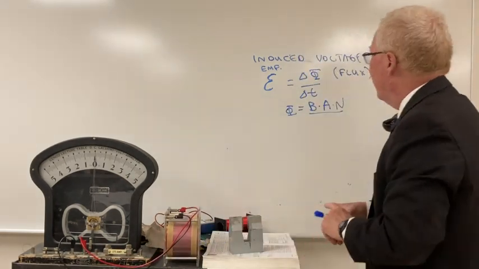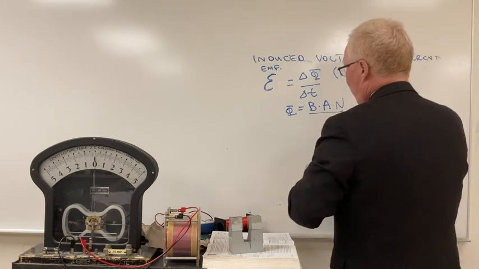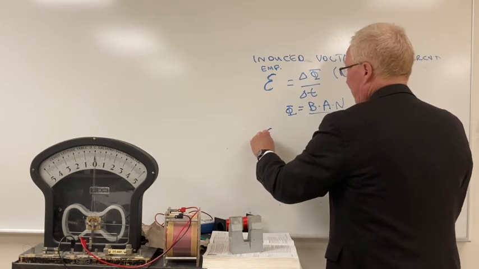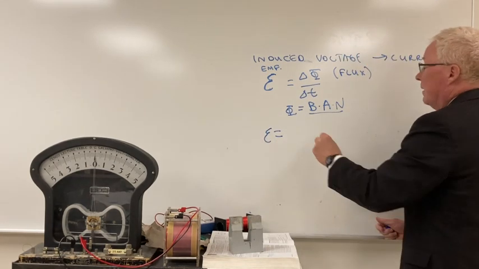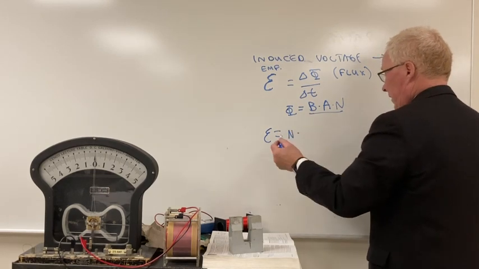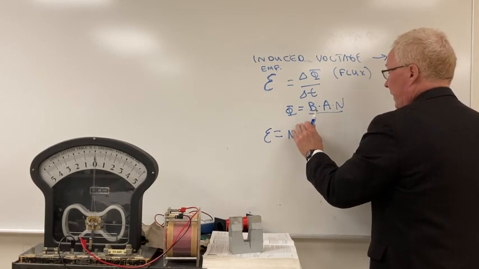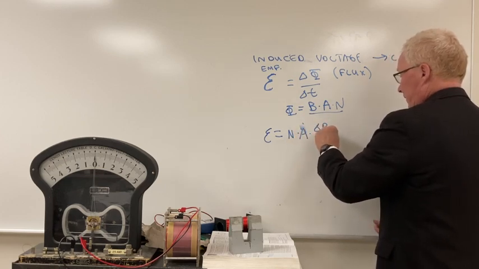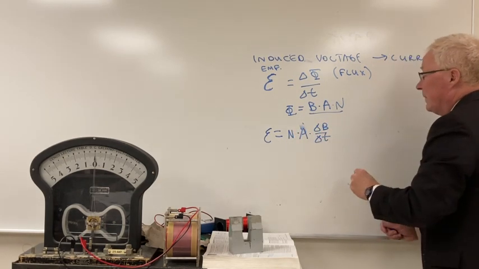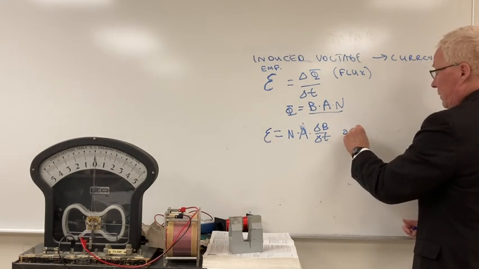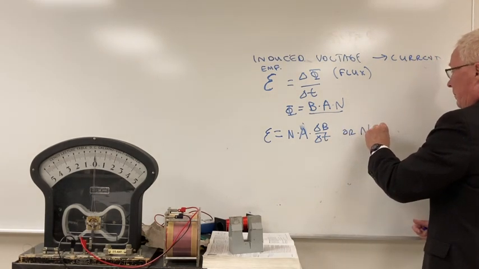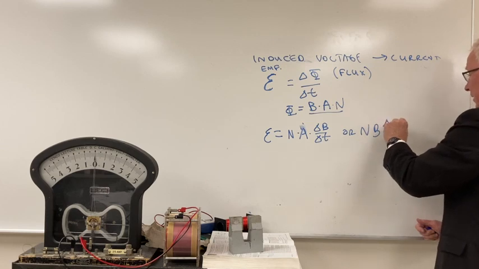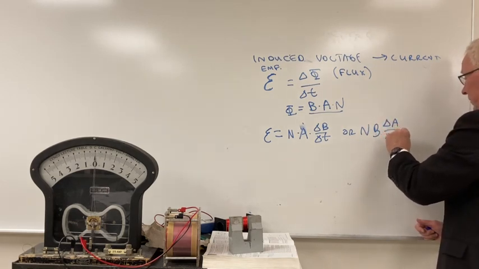And so we define this voltage or EMF as N, either N times A times the change in magnetic field over change of time, or N times B times change of area over change of time.